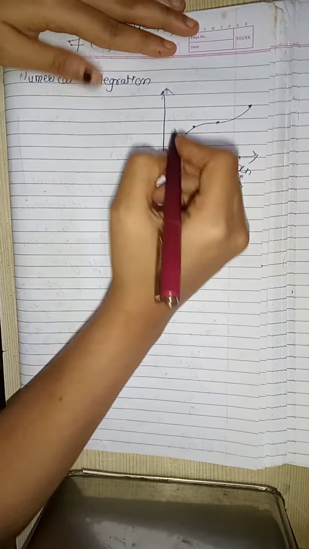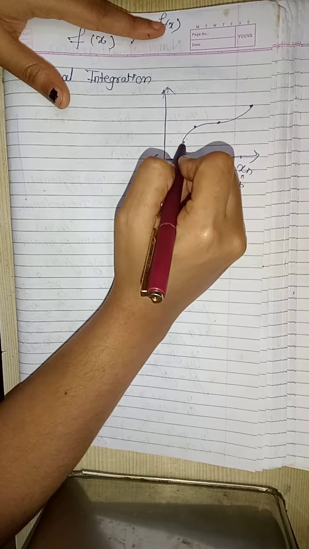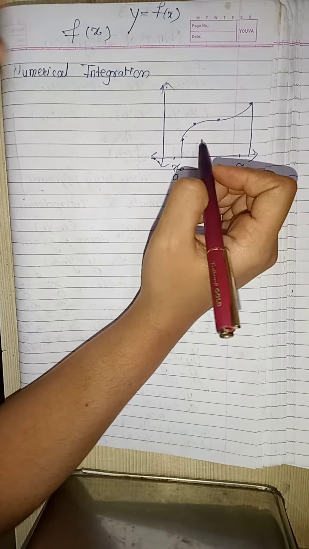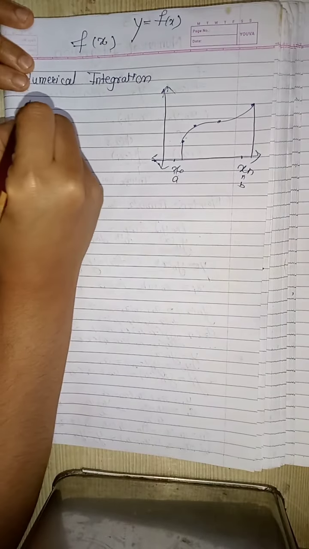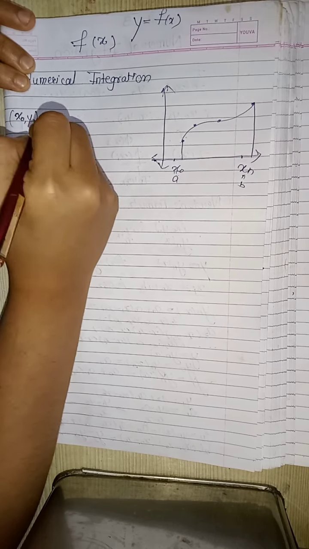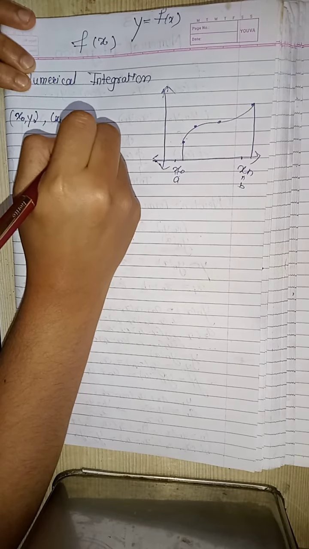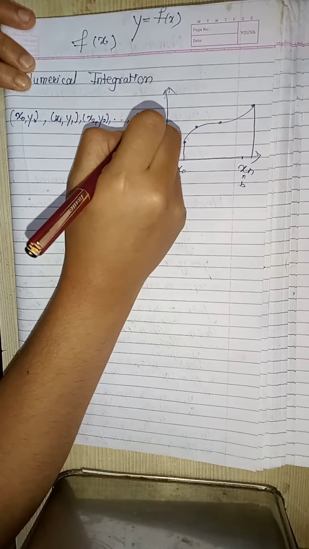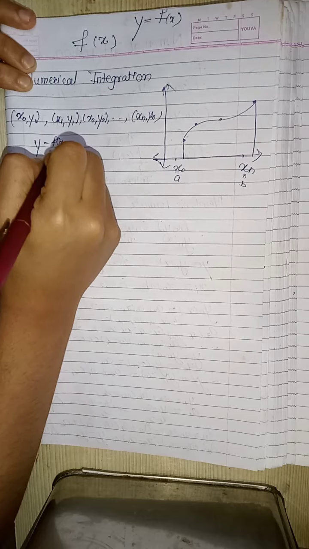Then if you want to find integration, integration is nothing but the area under the curve. Now if you want to find the area under this curve or area under this function, these are the points x0, y0, x1, y1, x2, y2, and so on up to xn, yn, and a function y equals f of x is given.